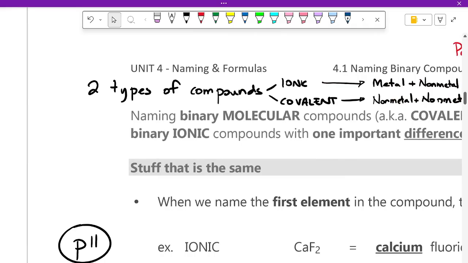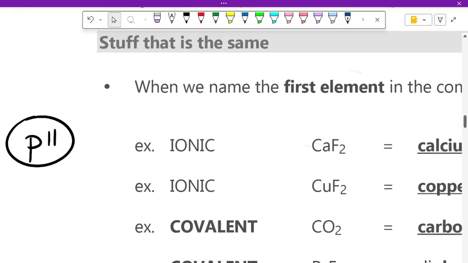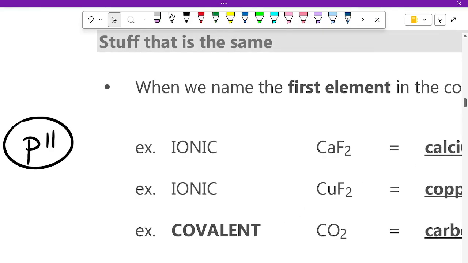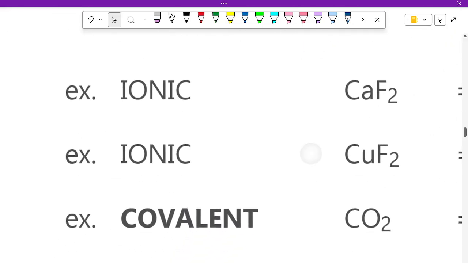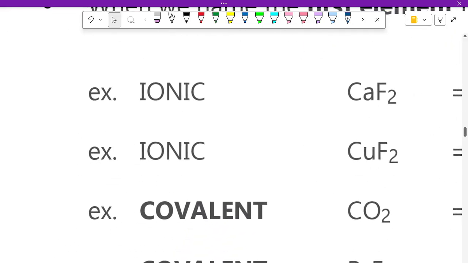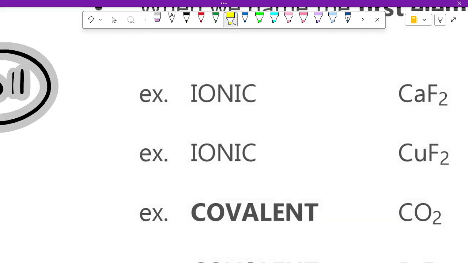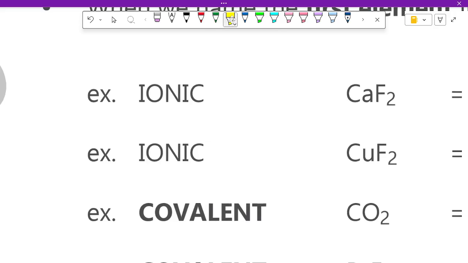You know what? It's kind of like just a little practice. Okay, so let's not worry about that too much. How can we tell that CaF2 is ionic?